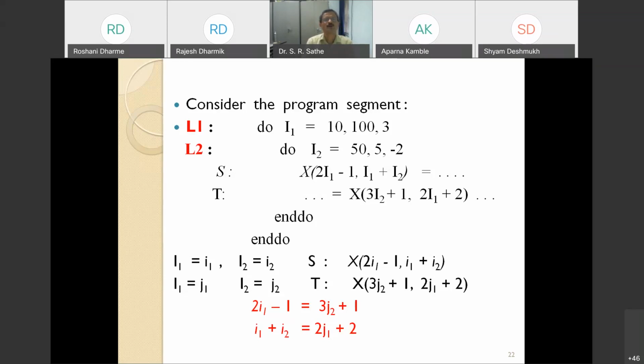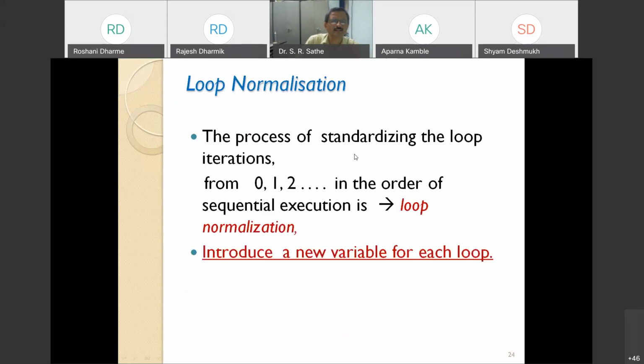Suppose I want to check for 22. 22 minus 10 is 12, and 12 by 3 is 4, an integer. So I1 takes the value 22. That is what is written here.